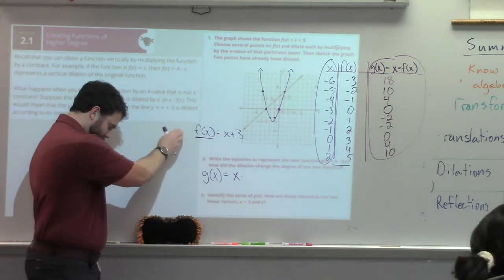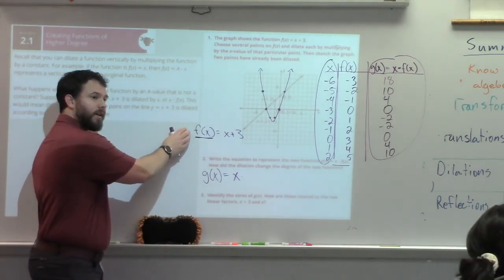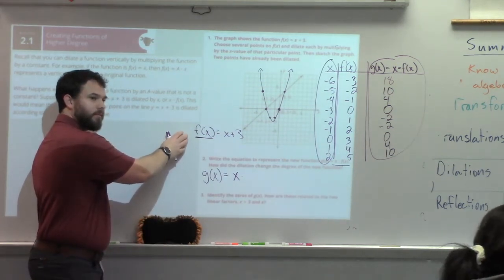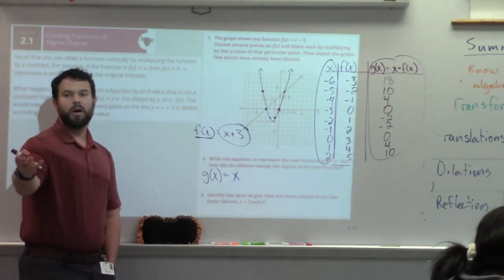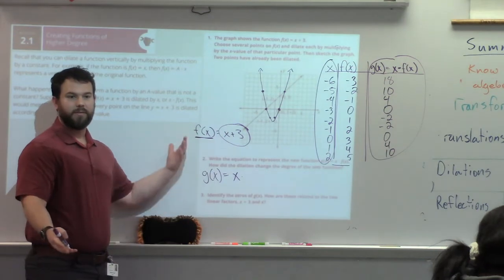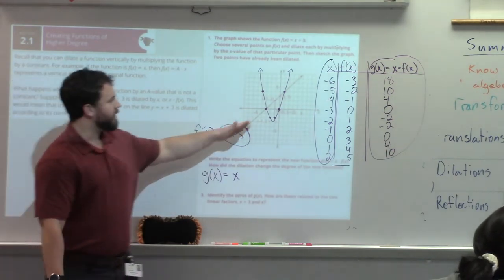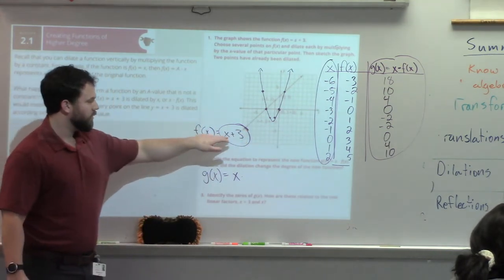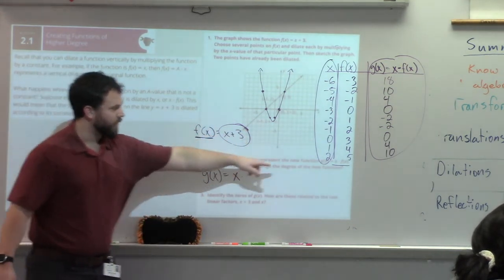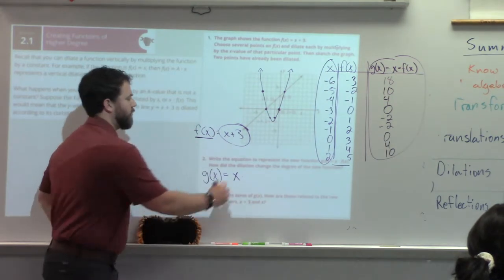Look right here. What is f of x equal to? F of x is equivalent to y, but that's the very beginning that we had this line of x plus 3, didn't we? So what is f of x equal to? X plus 3. So what can I substitute in for f of x in number 2? X plus 3. There we go, thank you.